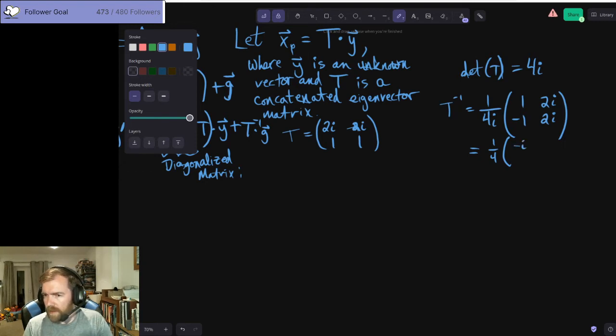So we're going to get a negative i here and i here, and then we lose the i's on the right-hand column. All right, so this is T inverse.